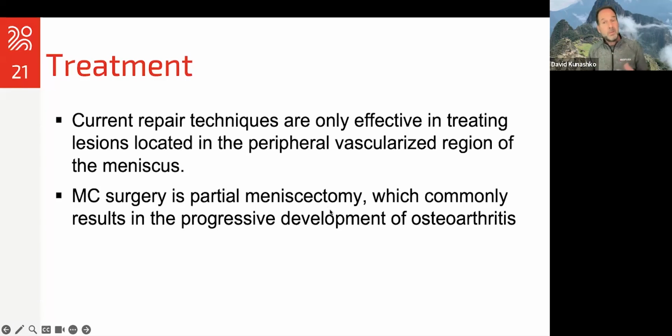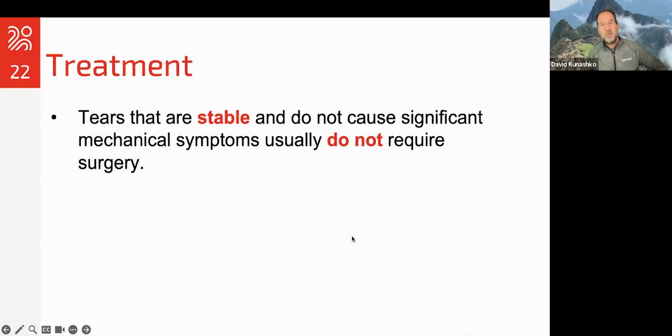The most common surgery is the partial meniscectomy. Again, this is going to commonly result in progressive development of osteoarthritis, probably going to take 5-10 years to manifest. Tears that are stable and do not cause significant mechanical symptoms, in my humble opinion, shouldn't undergo the knife. It just doesn't make sense because you're going to have more problems like arthritis, right?